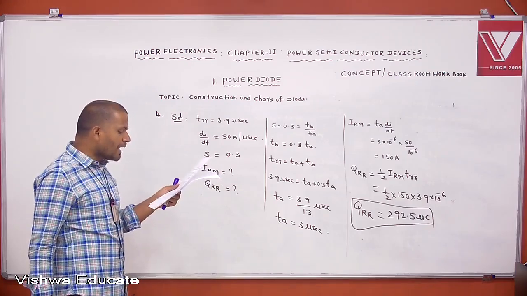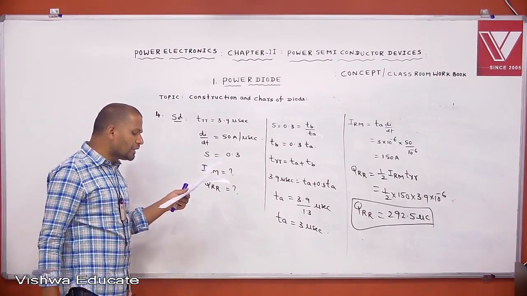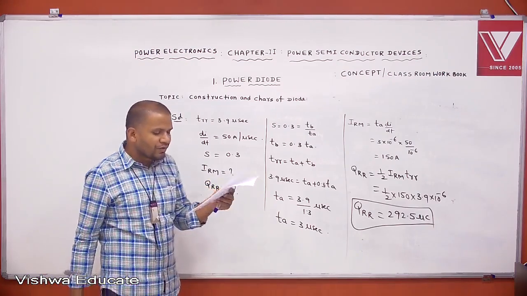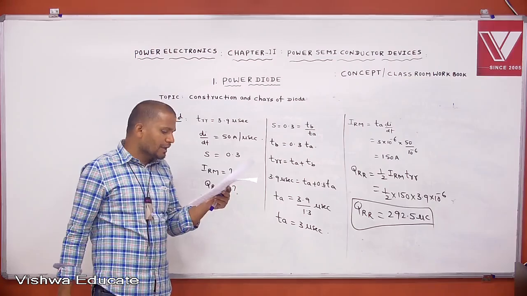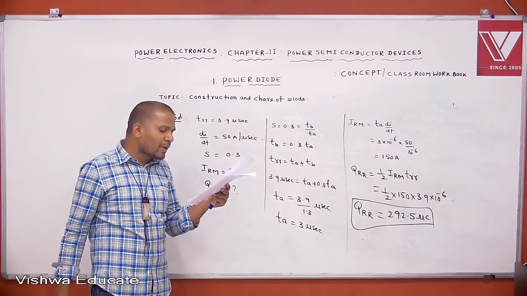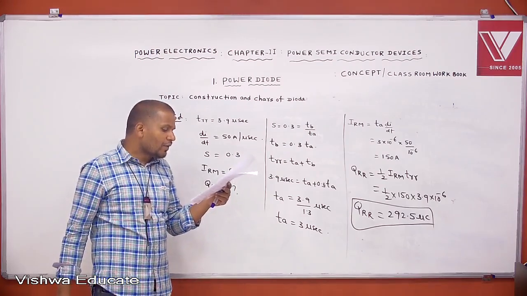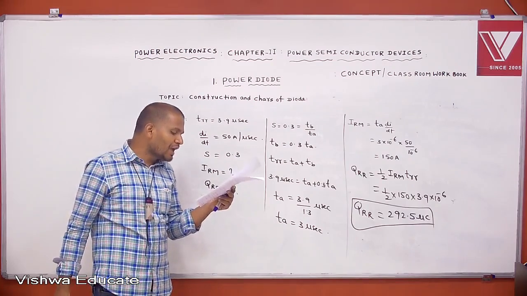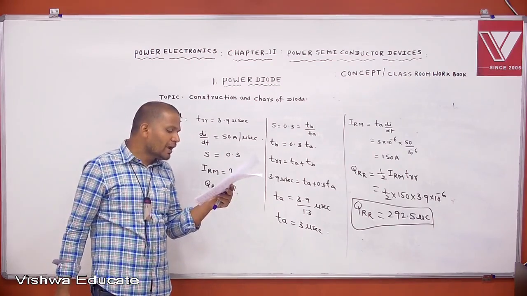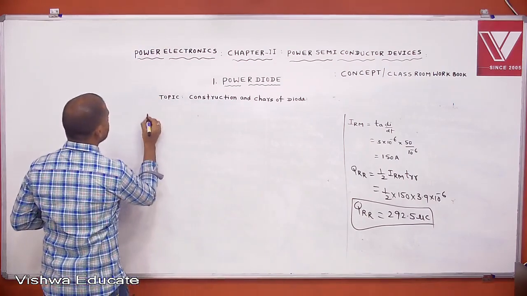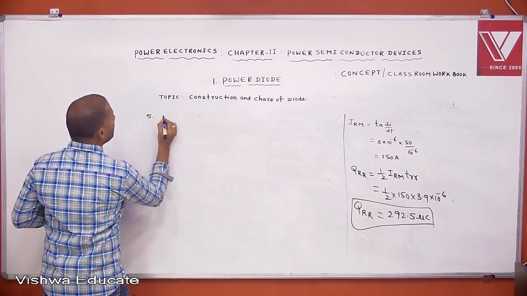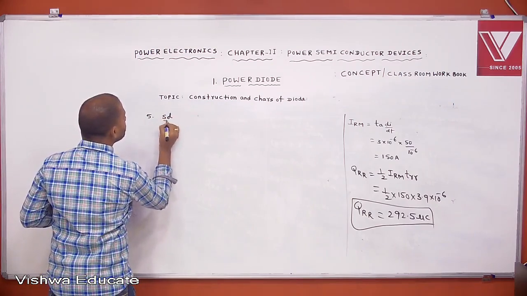The forward characteristics of a power diode can be represented by VF equal to 0.88 plus 0.1 IF. Determine the average power loss and RMS current for a constant current of 50 amperes for 2 by 3 of a cycle. Then what is the solution for this problem?